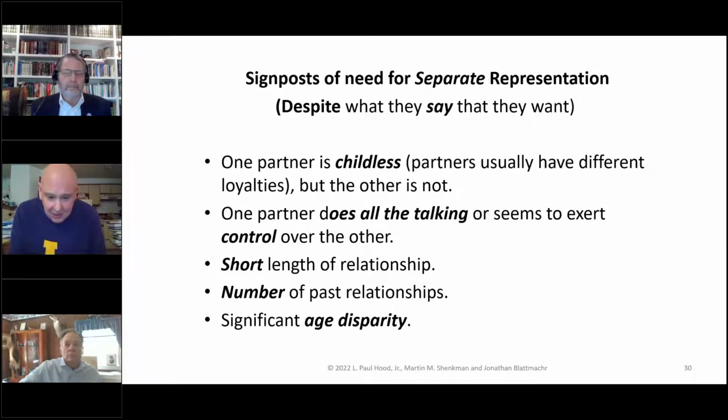And I've got a couple of points here, and I want to hear your comments on them: where you have one partner who has no children at all, but the other one does; one where one partner does all the talking or seems to exert control; if the relationship isn't very long; if one of the spouses has had many relationships; and then if there's an age disparity. What are y'all's thoughts about those?